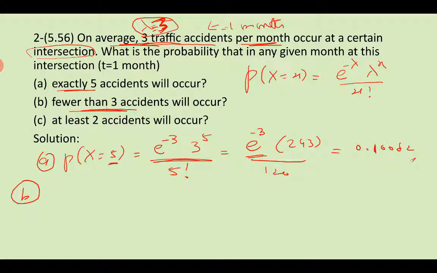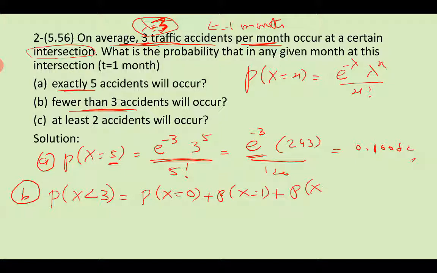Part B, fewer than 3 accidents. Fewer than 3 means lesser than 3, isn't it? Probability of x less than 3. Add from x equal to 0, x equal to 1, and x equal to 2, not 3, because fewer than 3 is not lesser than or equal to 3, so it ends at 2.